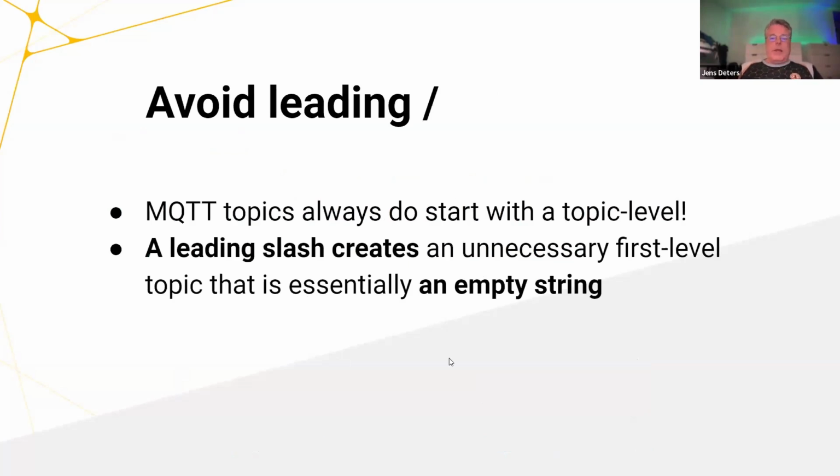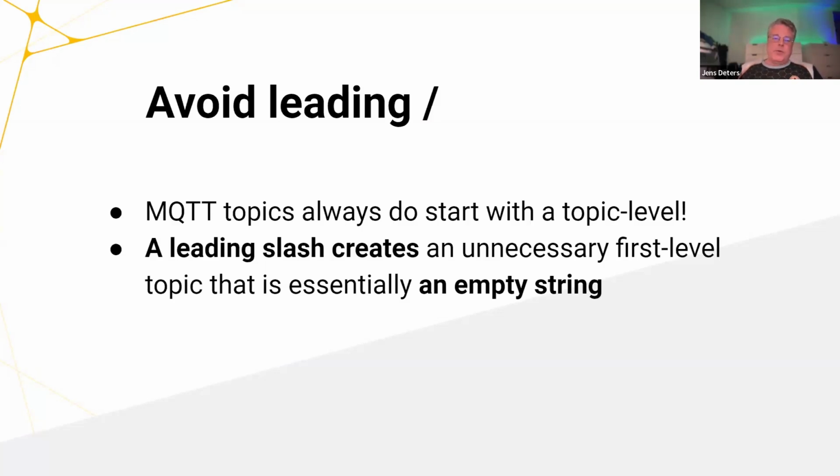This is not only for a unified namespace; generally, if you're designing MQTT topics, you should not start with a leading slash. This is often seen, especially when people are starting with MQTT. It feels kind of natural because you're defining the root of your structure, like in a Unix file system.